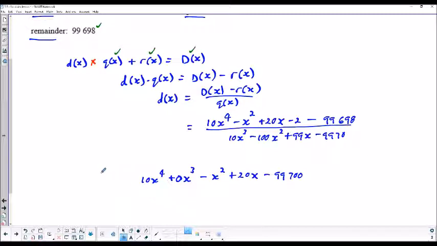Okay, and we're dividing this by all of this. I'm going to load it from this end just so I have enough space, if I can squeeze it in.